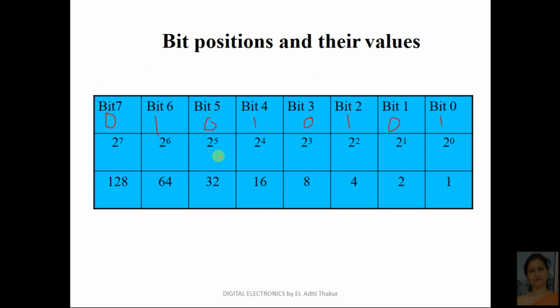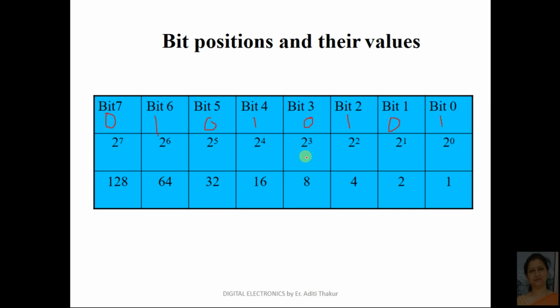The bit pattern may be any, but the weightage will remain the same. The bit present at bit 0 position has the weightage 2 raised to power 0, which equals 1. The bit present at bit position 1 will have a weightage 2 raised to the power 1, or we can say 2. Similarly, the bit present at bit 2 position will have a weightage 2 raised to power 2, that is 4.